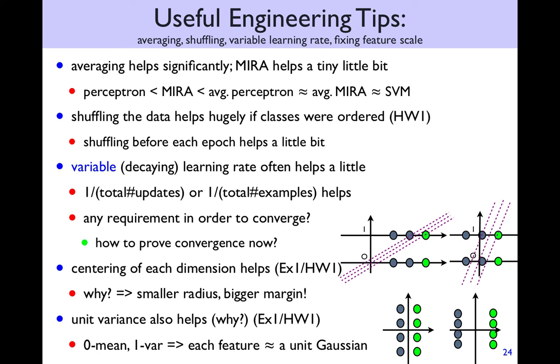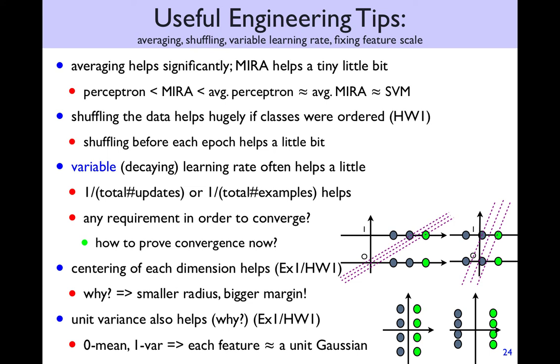To stabilize the classifier, initially you may want to make bold updates, but as training progresses, you want to be more and more conservative. Okay, and you can still prove convergence for some of the decaying schemes, like maybe 1 over the total number of updates or 1 over the total number of examples. But that's optional. You don't need to do that for homework 1. You could if you have extra time.